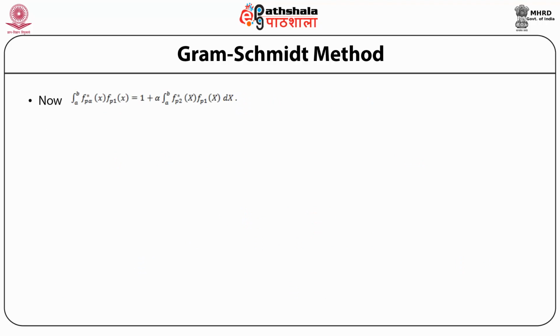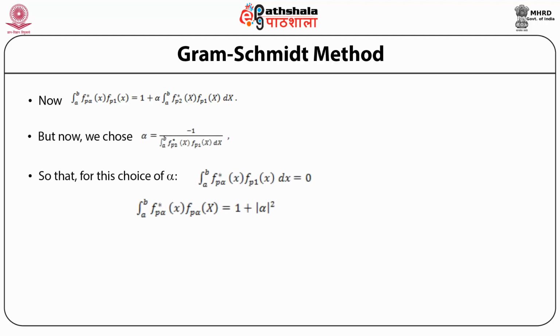Now the integral of the product f_p alpha star(x) f_p1(x) from a to b is equal to 1 plus alpha times an integral from a to b of f_p2 star(x) f_p1(x) dx. We choose alpha to be minus 1 upon the integral from a to b of f_p2 star(x) f_p1(x) dx, so that for this choice of alpha, the integral from a to b of f_p alpha star(x) f_p1(x) dx is equal to 0.